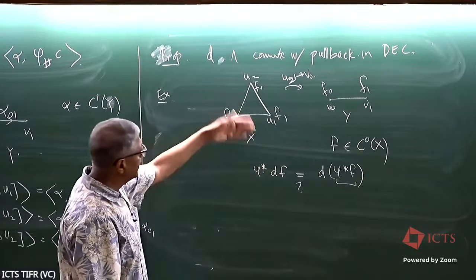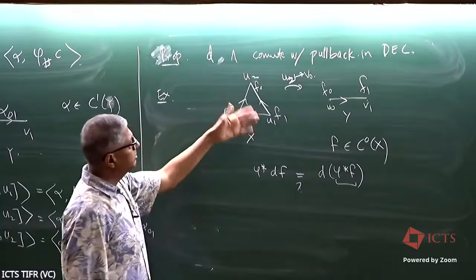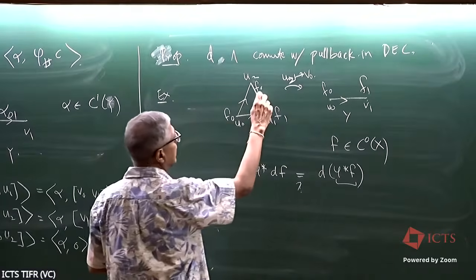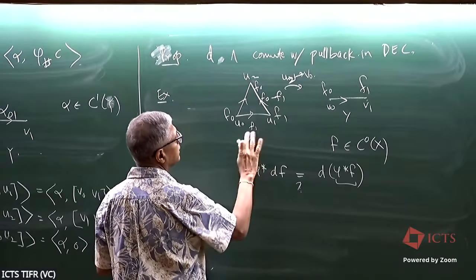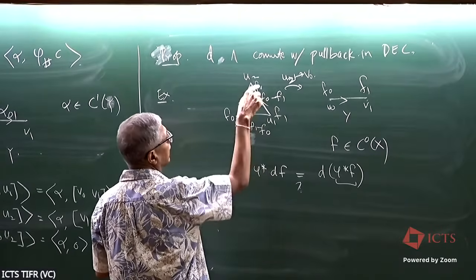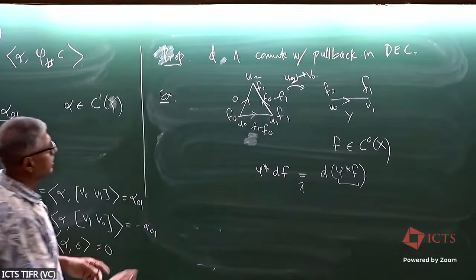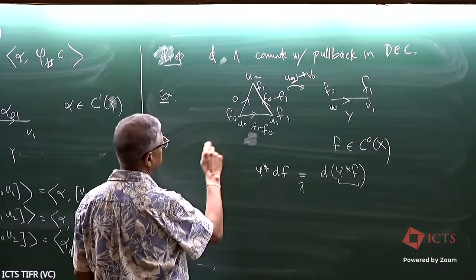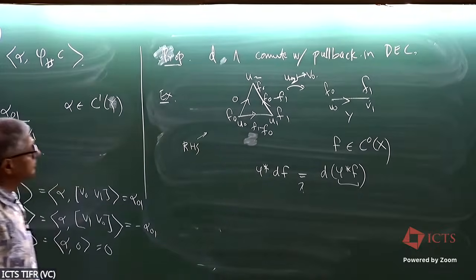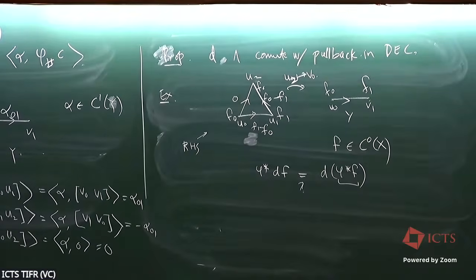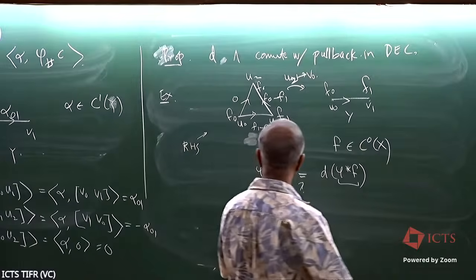And the D of that will be, let's take the orientations. The D will be the differences. So it will be F0 minus F1 here, F1 minus F0 here, and F0 minus F0, which is 0 here. So this is a picture of the right-hand side. This is D of the pullback. The left-hand side should be pullback of the DF.